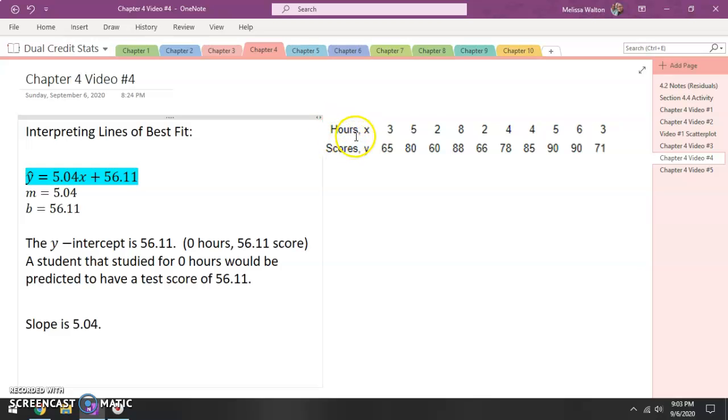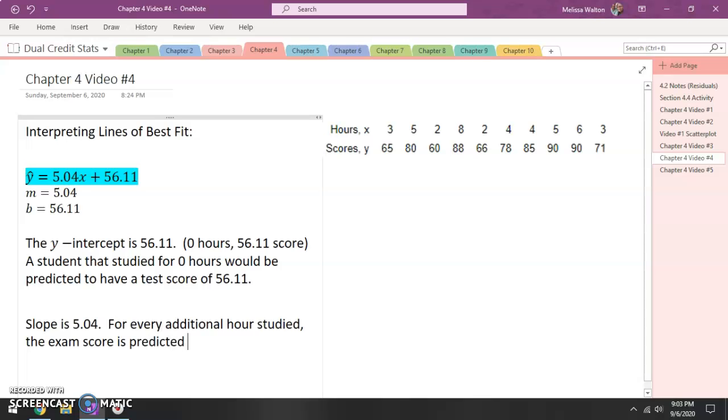For every additional hour studied, the exam score is predicted to increase by 5.04%. If I plugged in 1 hour, our score would go up by 5%. If I plugged in 2 hours, our score would go up by 10% because I got 2 extra hours. Plugged in 3, I would go up by 15%. So that is what we are expected to go up every single additional hour.